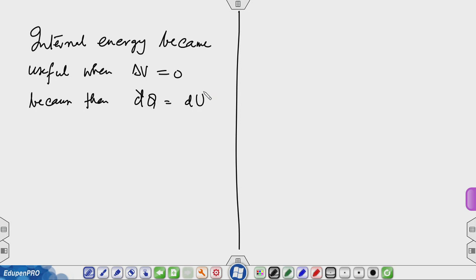What about some other processes? What if delta P is equal to 0, or some other quantity is 0?